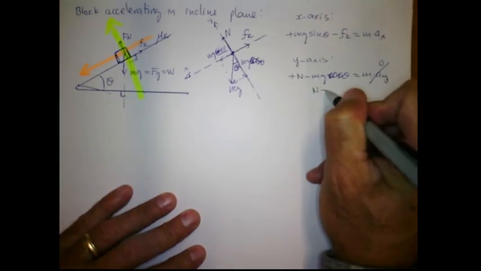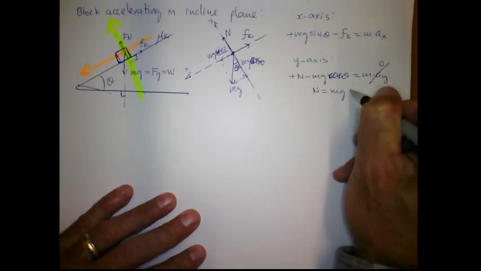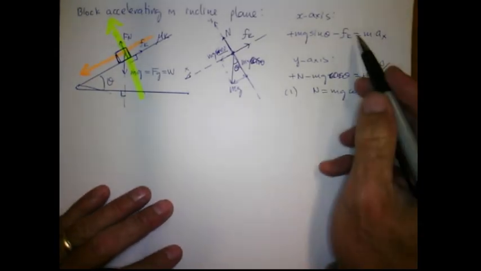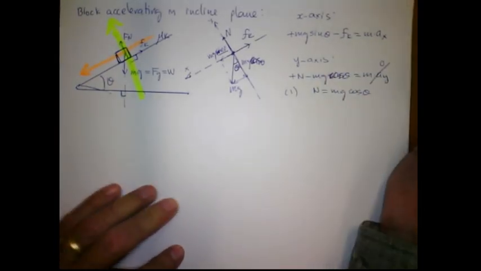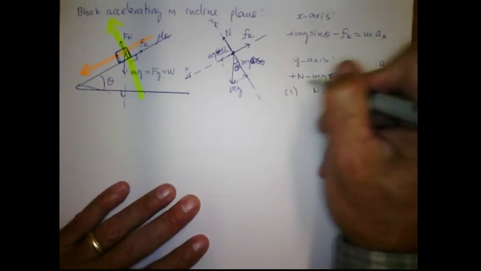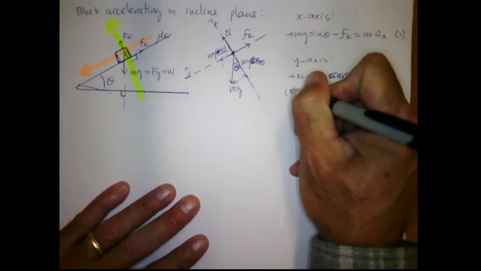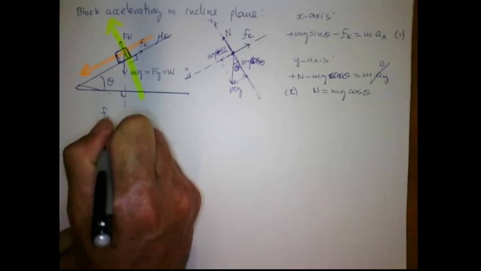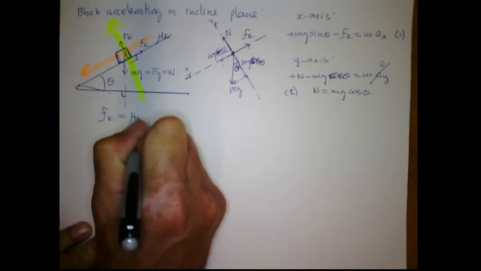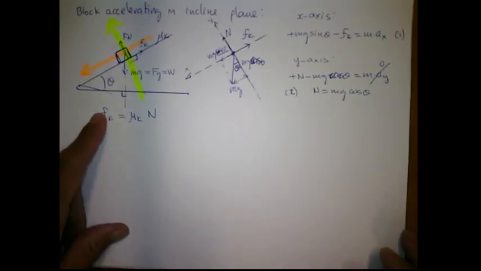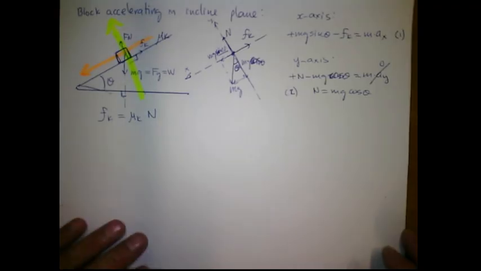And from here we solve for the normal force. It's going to be equation 1. And here we solve for the acceleration. This is 1 and this is 2. And this is the empirical equation that relates normal force and friction.